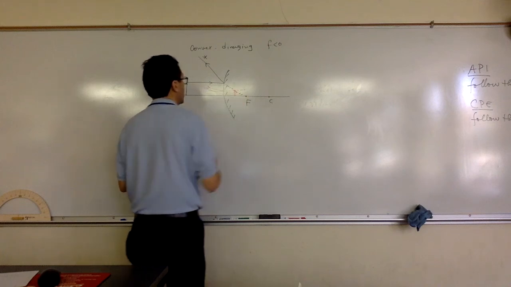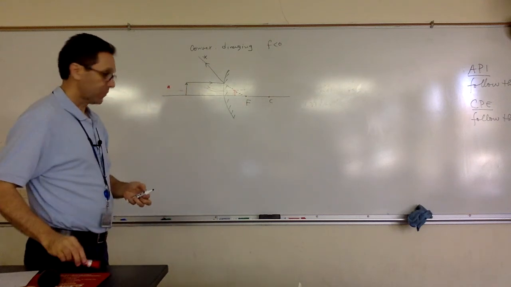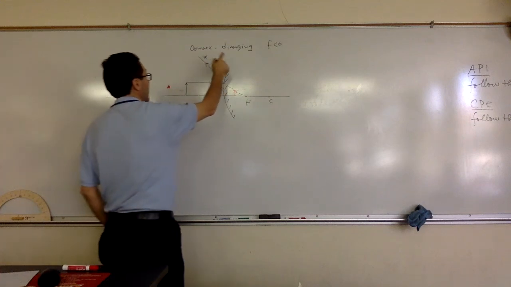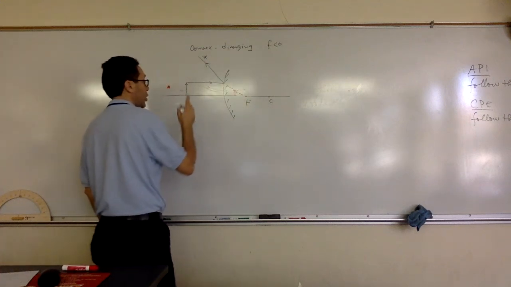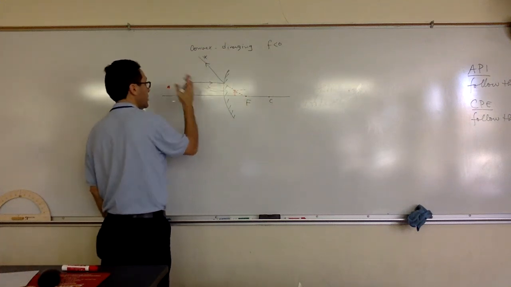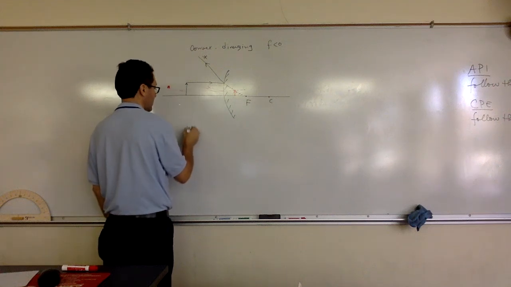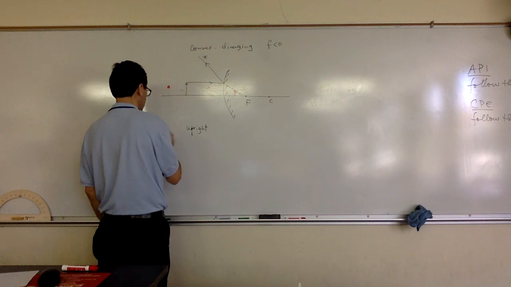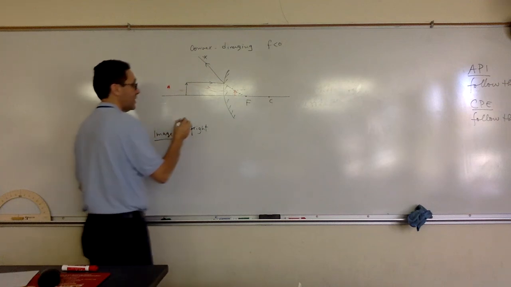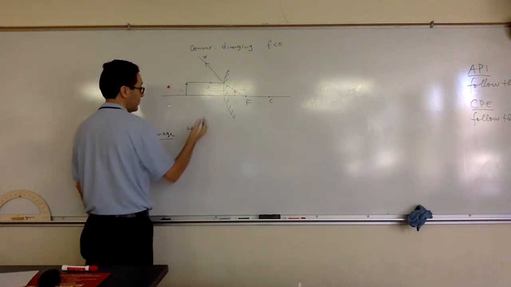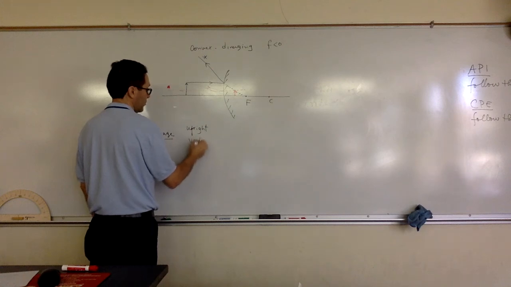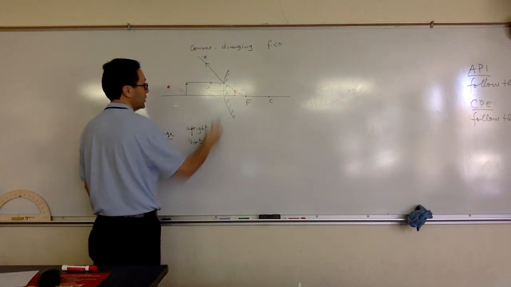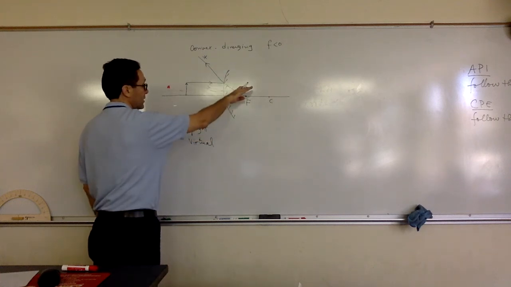You meet there. So for the convex or divergent mirror, no matter where you put the object, you're always going to get an upright image. So the image is going to have these properties here. It's going to be upright. It's going to be virtual. And I hope you can see why it's virtual, because it's always going to be created on the wrong side.